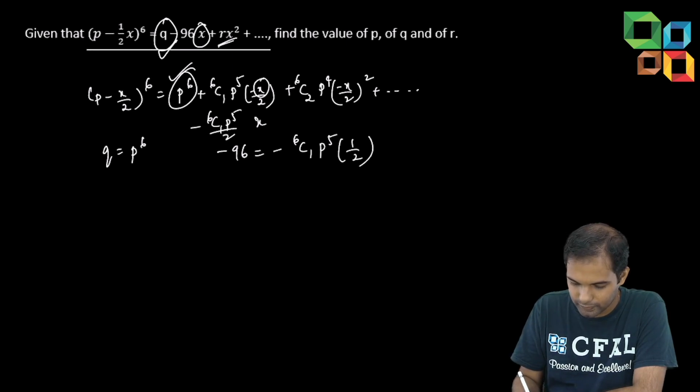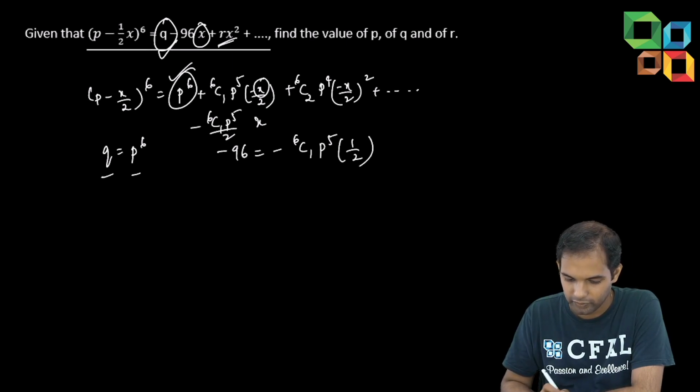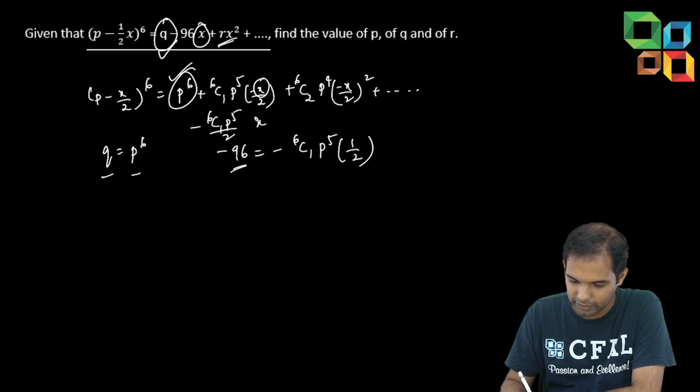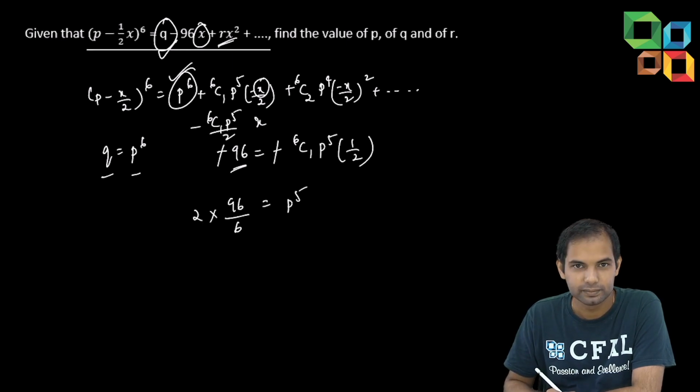So what is it? First, we don't have a value of Q, we don't have a value of P. Okay. We have to try to figure out. So let us look at what the factors are here. One is a minus sign and the other a minus sign, so they will get cancelled. And 6c1 is 6. So 96 by 6 into 2 should be equal to P power 5.